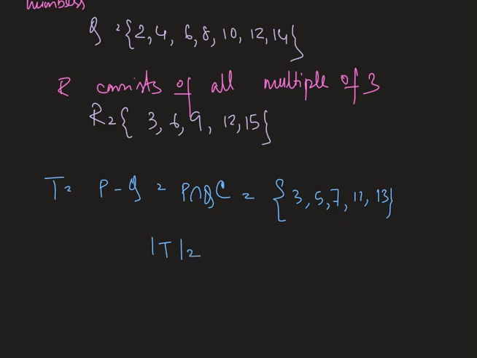Now the modulus of T is equal to the number of unique elements in T, therefore it is equal to 5.